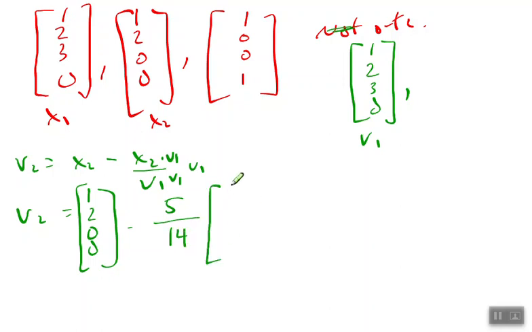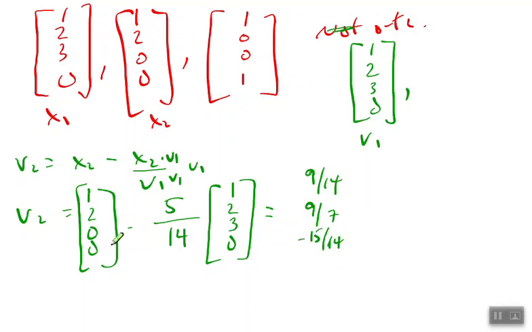At this point, I'm going to go through this first one a little bit slowly. I'm going to take out my calculator and do 1 minus 5/14, which is 9/14. Then I have 2 minus 10/14, which is going to be 9/7 on the calculator. 0 minus 15/14 is going to be negative 15 over 14.